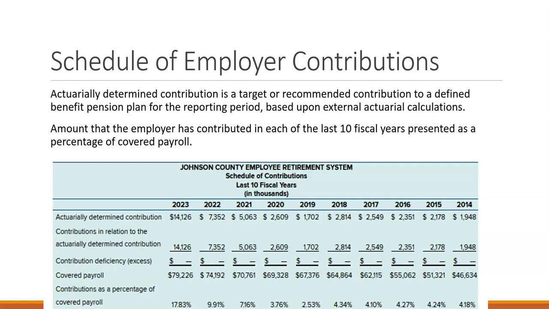This is an example of the schedule of contributions, where we give 10 years of information, and we have the percent of covered payroll. So we have the actuarially determined contribution. It looks at the age of the employee, the age of retirement, and how many years you have to save for retirement.